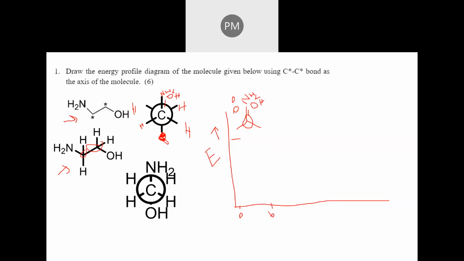This one is 60, 120, 180, 240, 300. Next one will be 360.